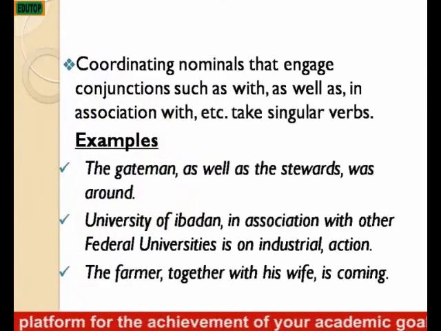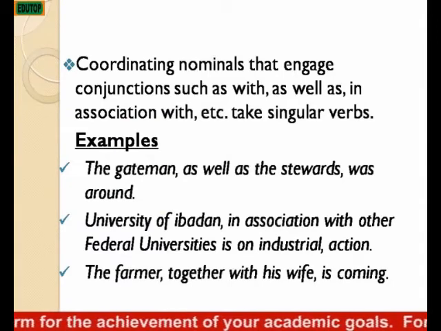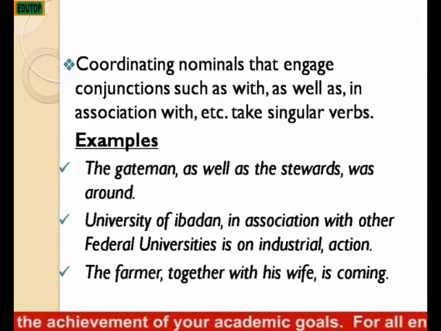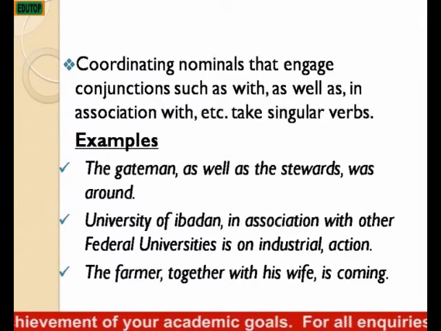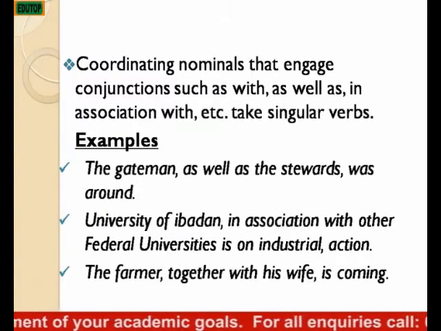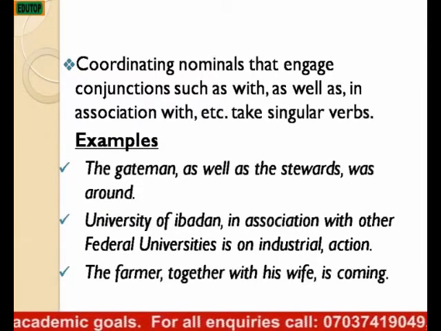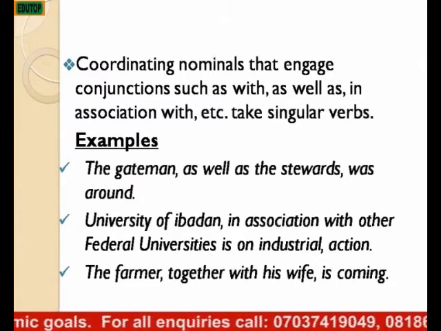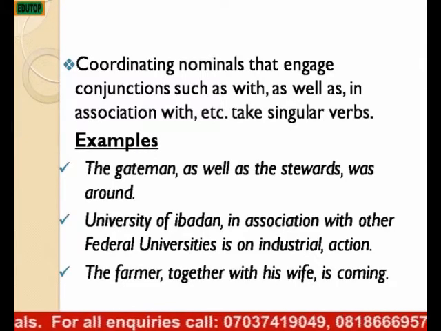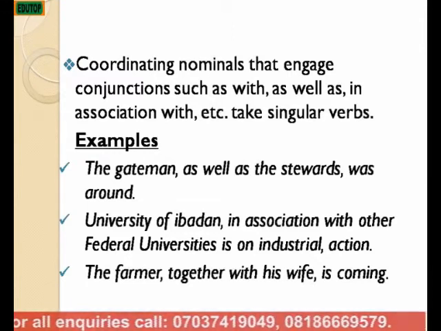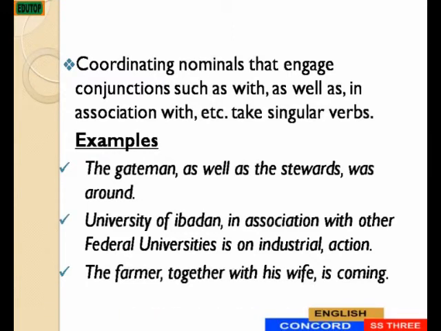Coordinating nominals that engage conjunctions such as with, as well as, in association with, etc. take singular verbs. Examples: The gate man as well as the stewards was around. The gate man is the concern of the sentence, so we are ignoring as well as the stewards.